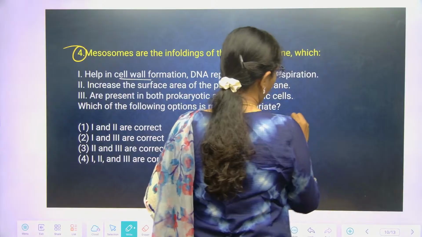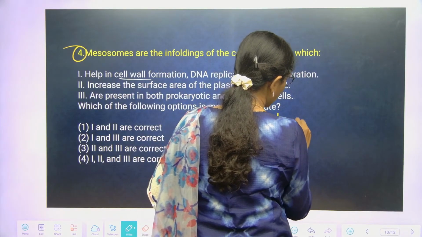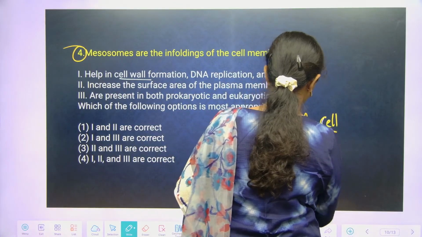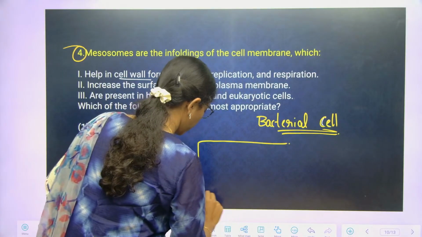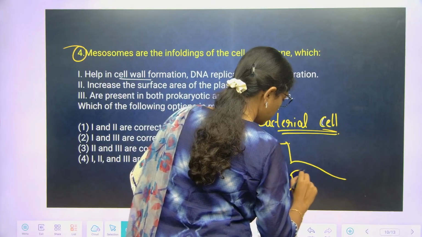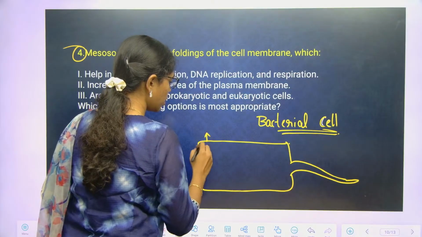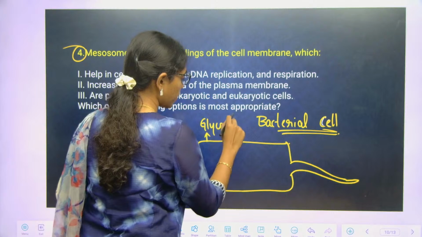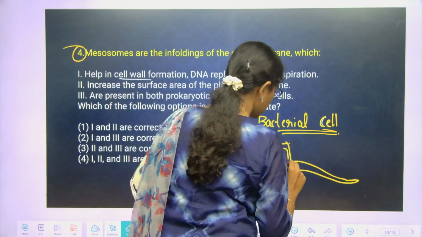We know the bacterial cell has a cell envelope. Can you see here? This is the cell envelope. Outermost, it has glycocalyx, followed by cell wall.